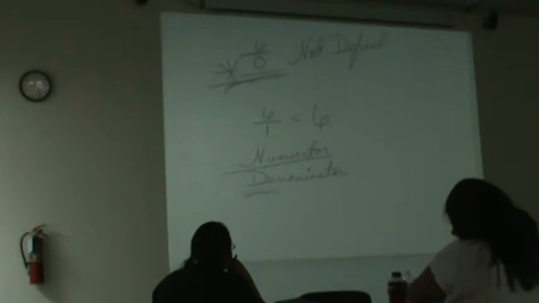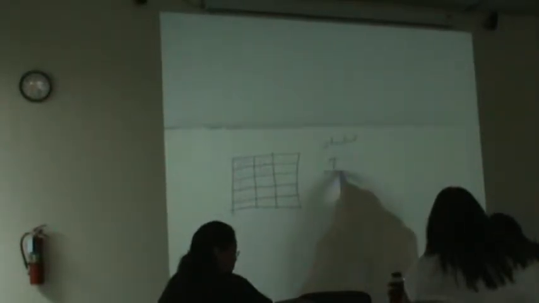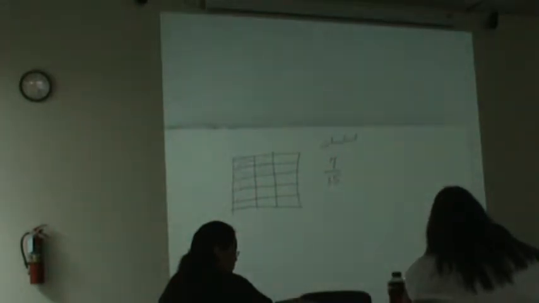Okay, now let's look at things that are divided into parts. If you have a thing divided into 15 parts, and there's 7 of them shaded in, a fraction for the shaded parts is 7 out of 15, 7/15.